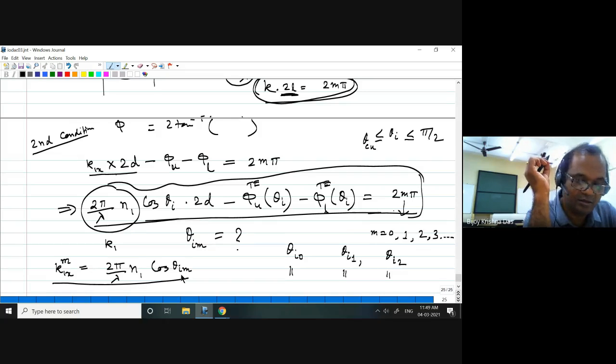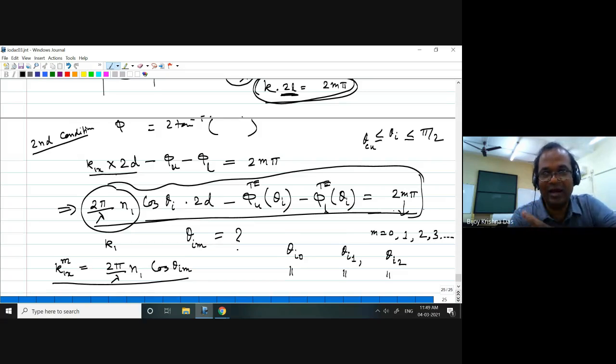Okay, this is now discretized. That means the tangential component of the wave vector, the x component, is discretized to satisfy this condition. So when it is guiding, that guided wave will not have any arbitrary x component. K1x cannot be arbitrary. It should be well defined, discretized.